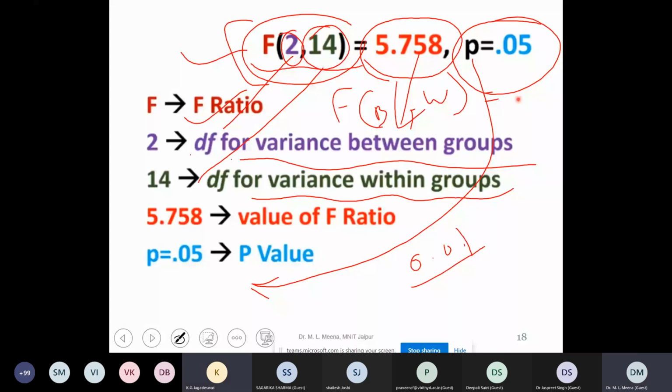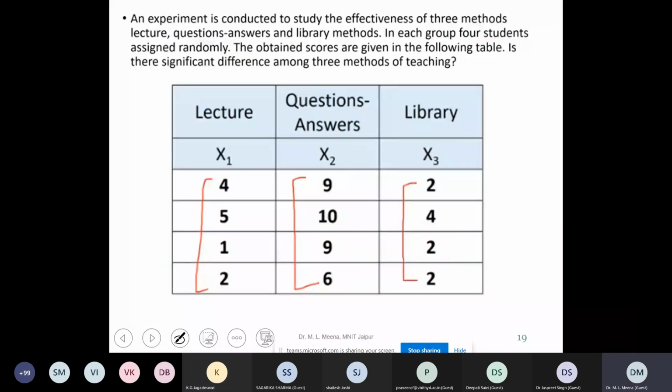Now this is a solved example explaining how to find the F value using the one-way ANOVA method. For example, an experiment is conducted to study the effectiveness of 3 methods.